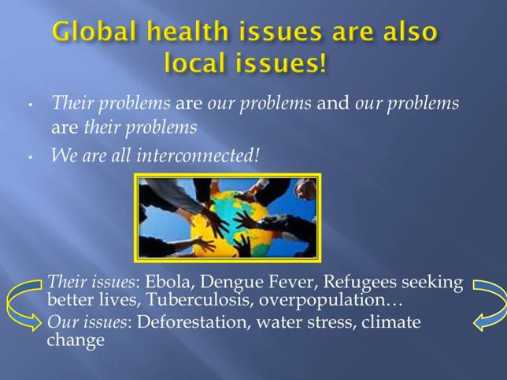And our issues, meaning more the developed countries, our challenges focus on reforestation, water stress, like we're all experiencing here in Florida and in California, climate change, among many. So their issues impact our issues, and our issues impact their issues, and we'll talk about that now.